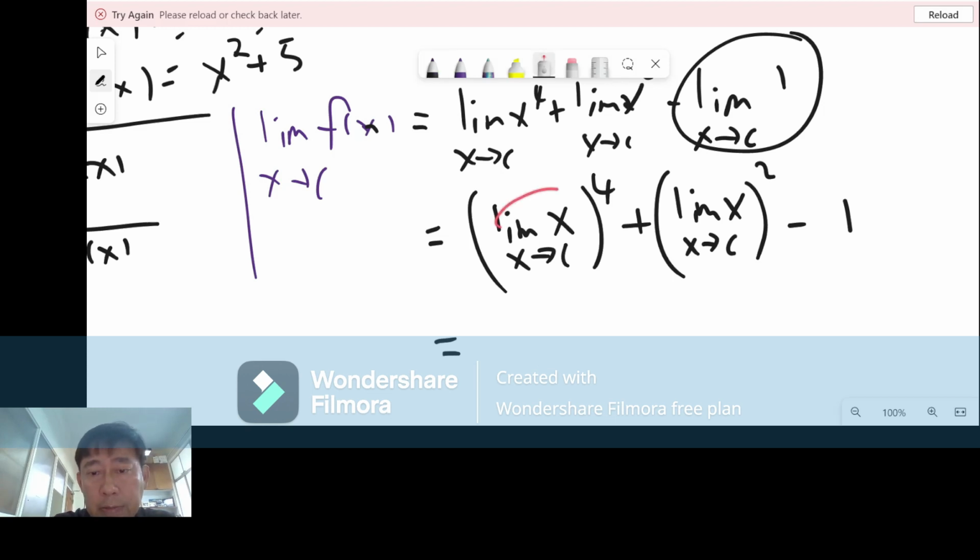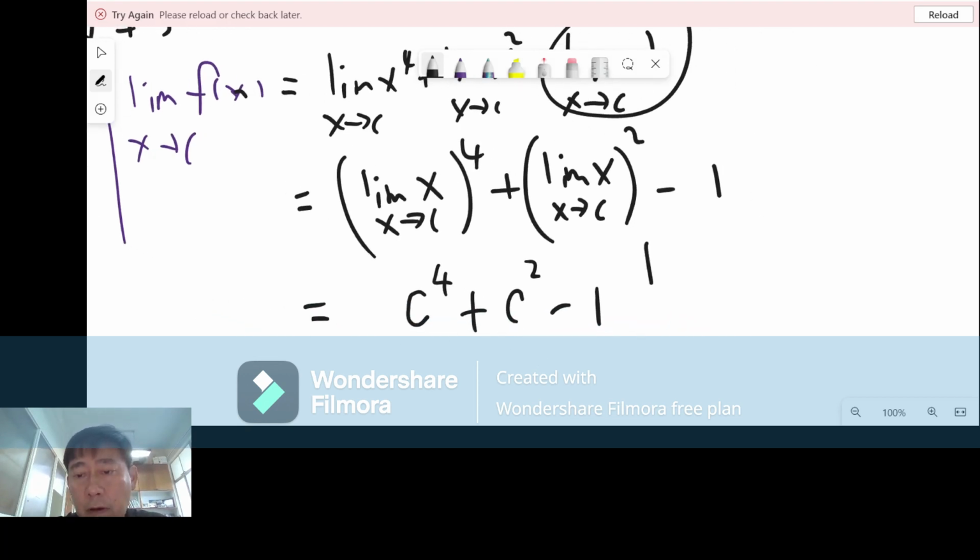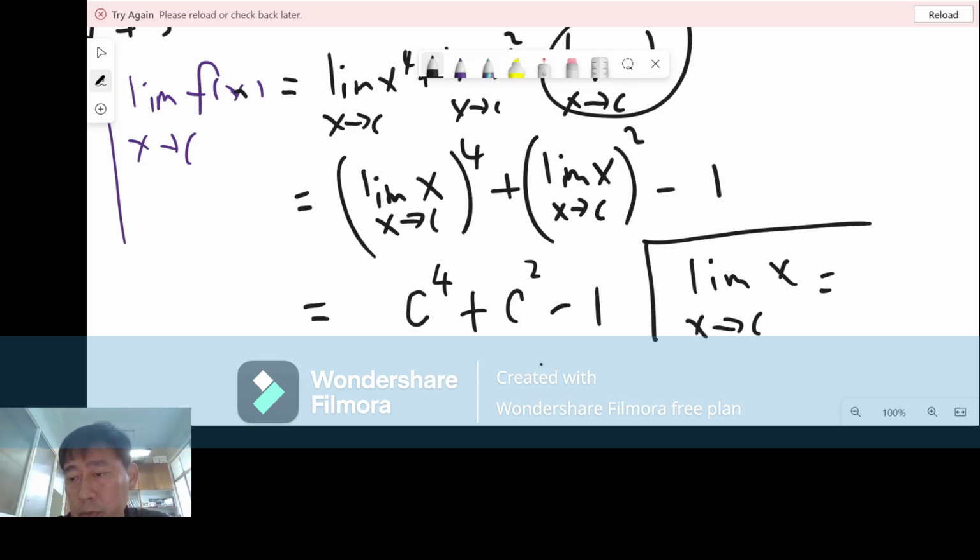That is, the limit of x when x tends towards c is just equal to the value of c, right? And then raised to power 4 plus c raised to power 2 minus 1. Okay, so here I'm making use of the known fact that the limit of x when x tends to c is equal to c.